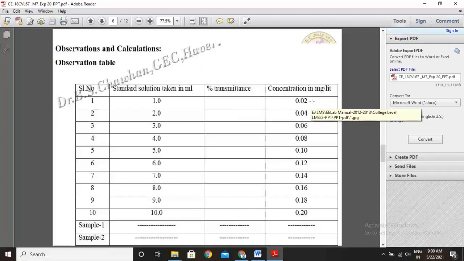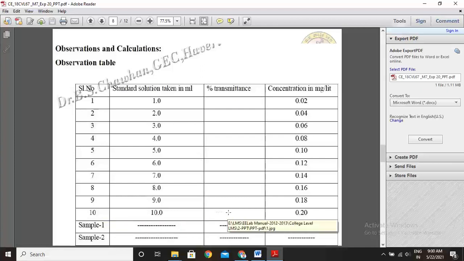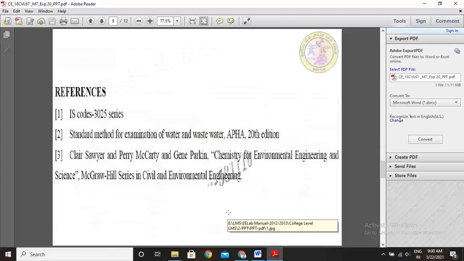Then we are plotting the graph based on the x-axis and y-axis. Then we are taking the reading of sample 1 and sample 2. Based on these tables we are calculating the results.